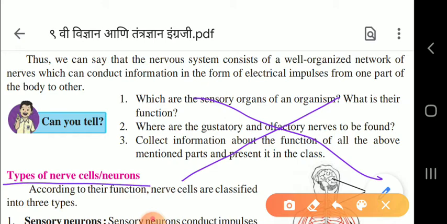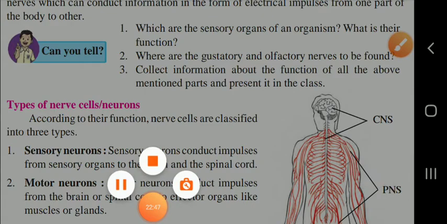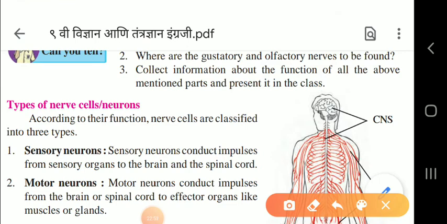Now we will see the types of nerve cells or neurons. According to the function, how many types of nerve cells are there, children?